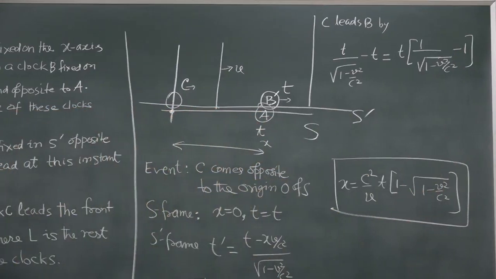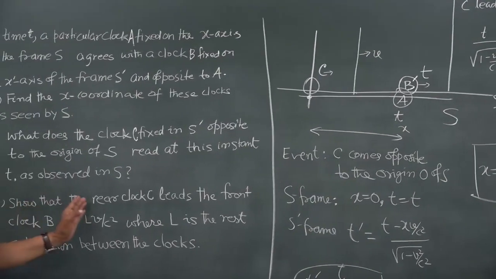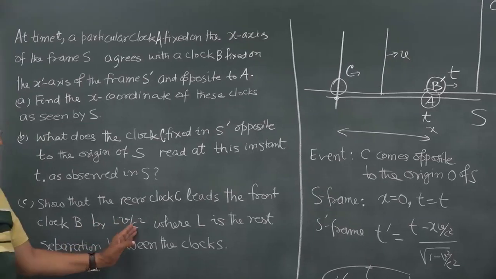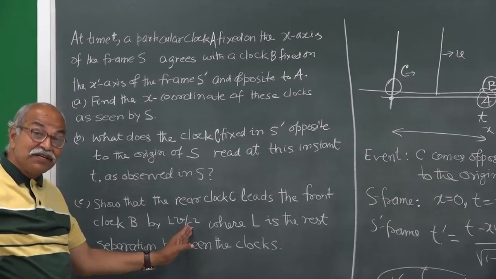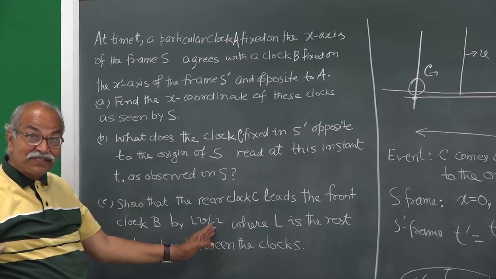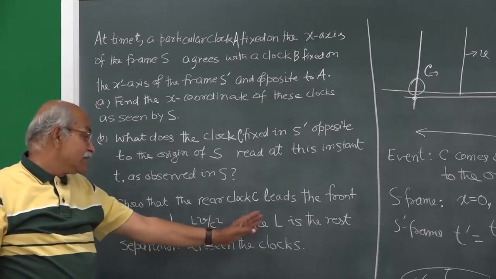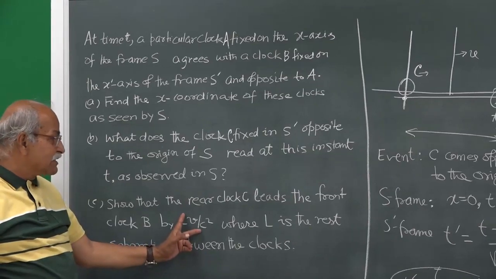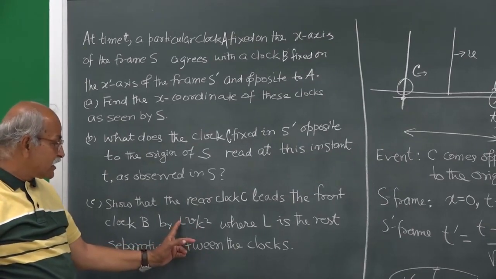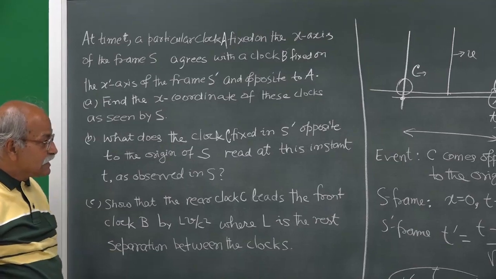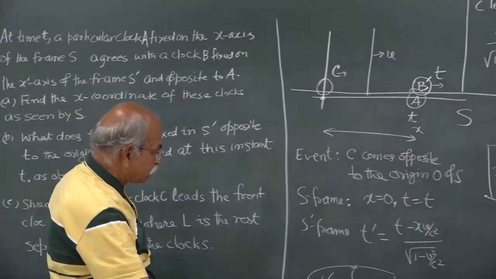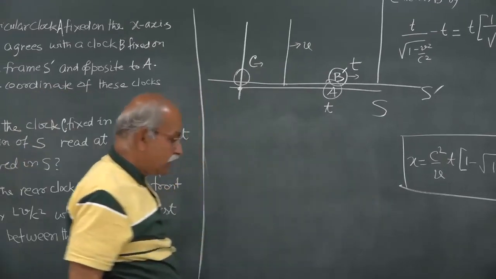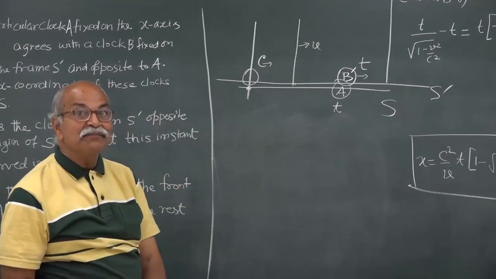And then you want to show that this rear clock C leads the front clock B by L V by c square. That we have studied, synchronization of clocks, where L is the rest length between the clocks. So, let us calculate this L times V divided by c square. L, the rest separation.